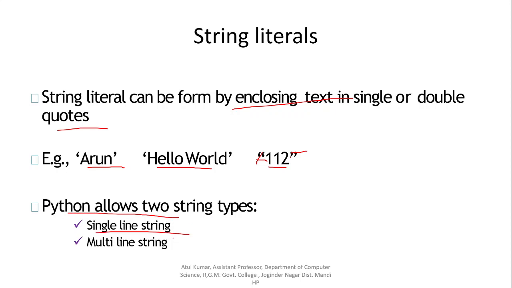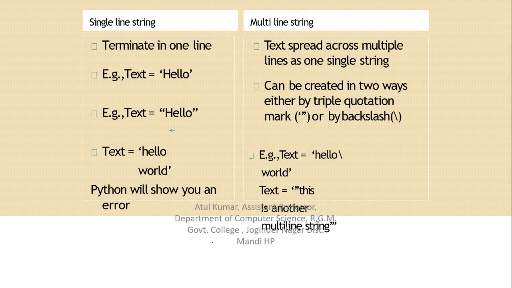So Python allows two types of strings. One is single line string and the other is multiple line string. This one is the representation of a single line string. Single line means the string is represented in one line and terminates in one line.